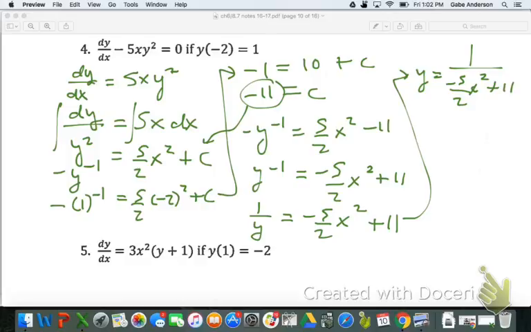Could you leave it like that, or would you have to do something with the 2? You certainly could. You could get a common denominator and add and do a copy-flop thing, but unless it's multiple choice and you have to do that, don't do it. Back in 7th and 8th grade, your teachers had certain commandments, like thou shalt never have an improper fraction, and thou shalt never have a fraction within a fraction.